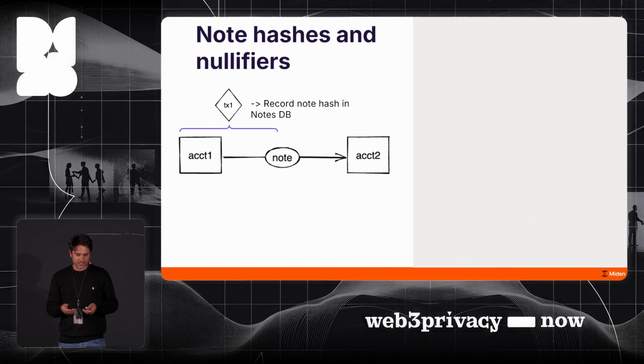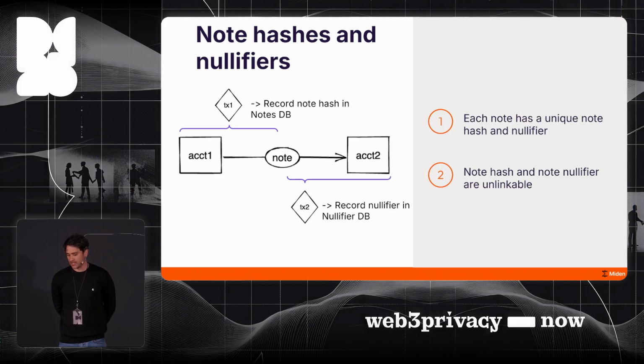In the first transaction, account 1 would create a node that contains 100 ether, and there is a node hash, a commitment to this node, that we add to the node database. In a second transaction, account 2 would consume this node, compute a nullifier, and push the nullifier to the nullifier database.